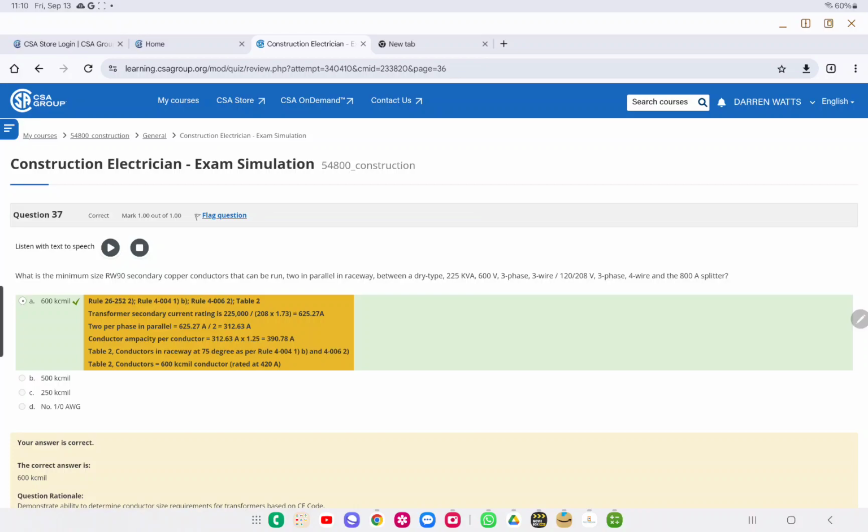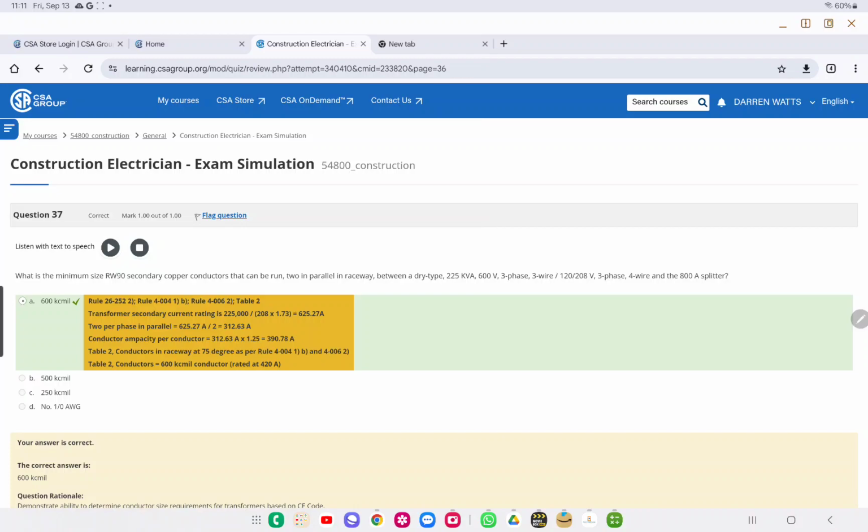We take our 225,000 volt-amps for our transformer power and divide it by our 360, and we get our 625 amps.